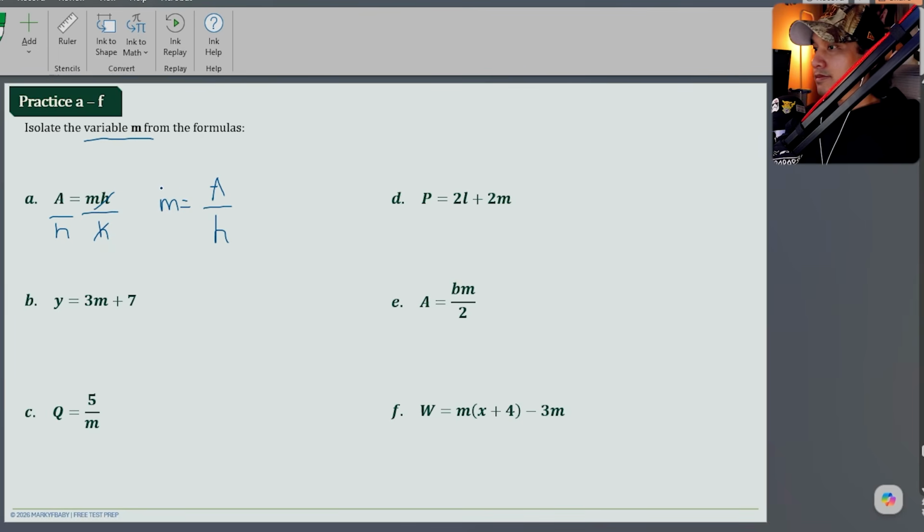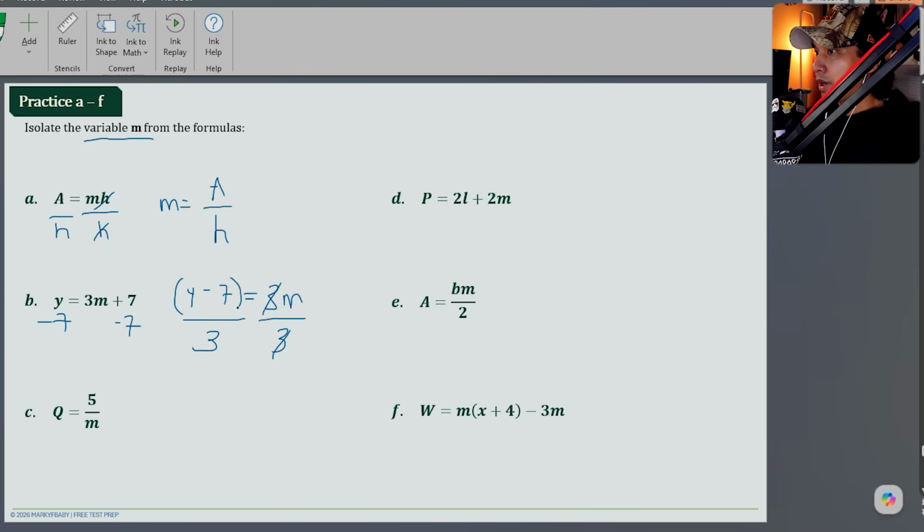All right, so for this one, the first thing I would do is subtract 7 from both sides. So we're left with y minus 7 equals 3m. Okay, that's 3 times m. And then I would divide by 3, and these would cancel out, and divide this by 3.